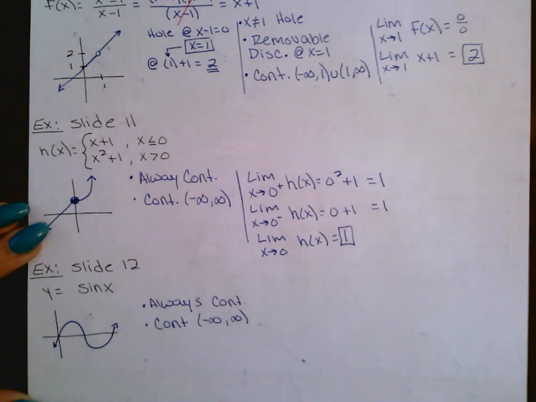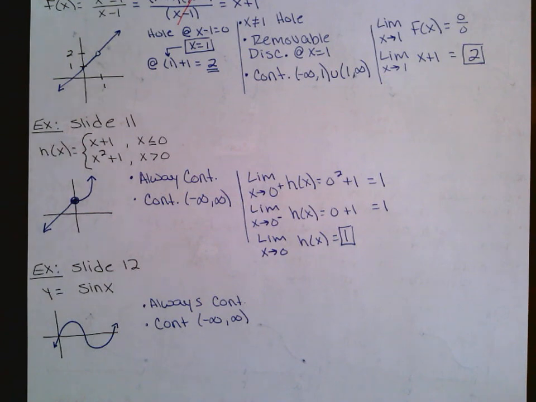Now this is something that is going to be true out of our 6 trig functions. Sine and cosine have the same behavior, that they have no discontinuities. They are continuous forever to the left and to the right. Our other 4 trig functions have an infinite amount of asymptotes, meaning tangent, cotangent, secant, and cosecant.